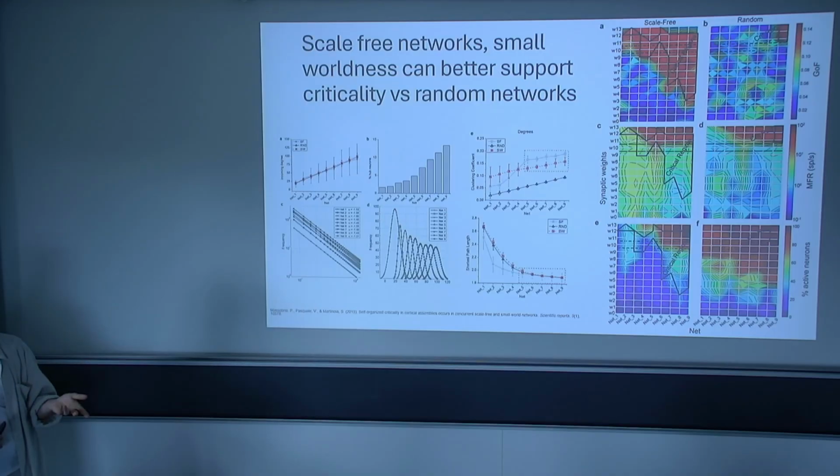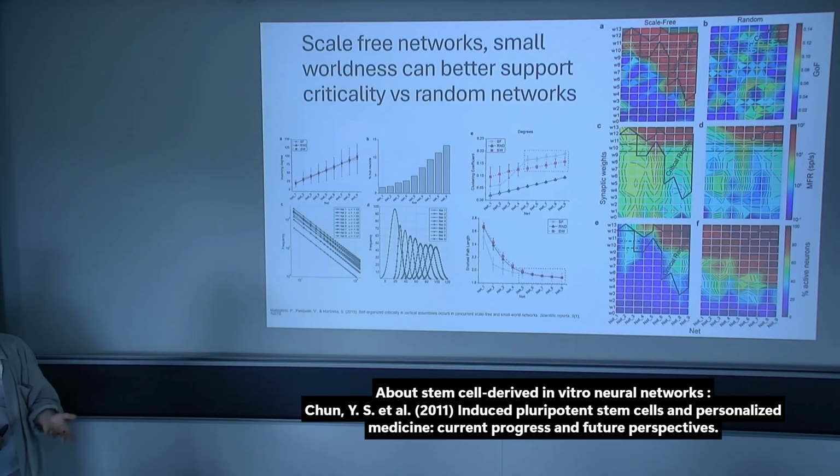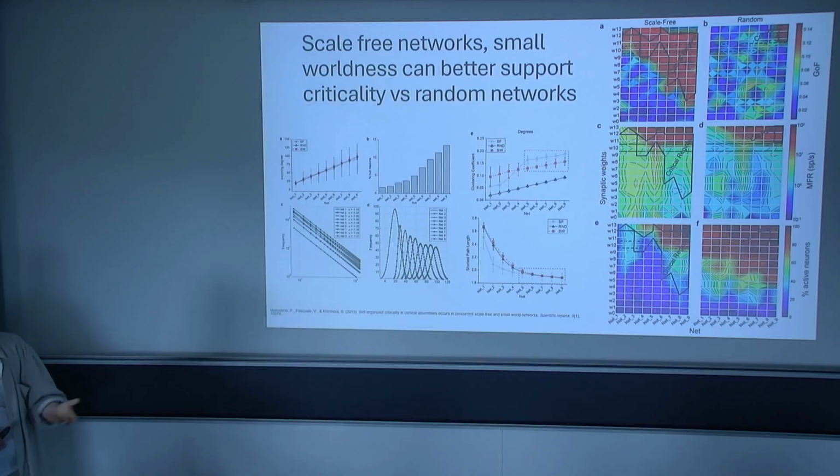Luckily for in vitro networks, you can use stem cell derived neurons. That's often human, and you would use that in clinical settings. For example, you can grow neurons from a human with Alzheimer's or something like that, and compare that to healthy controls. And while, of course, you're getting heavily perturbed networks, they might be different in some meaningful way.